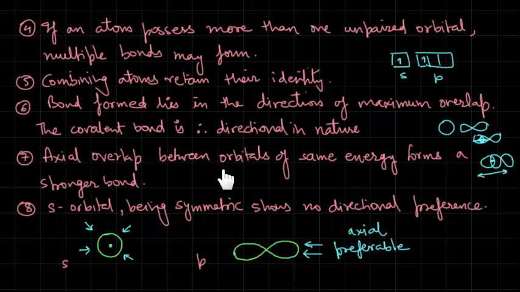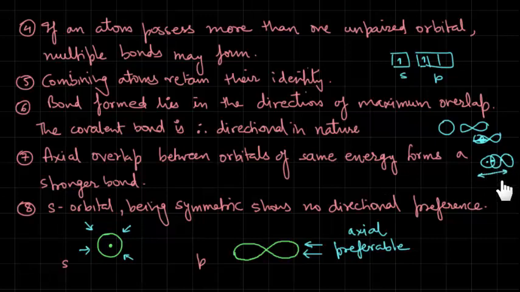Axial overlap between orbitals of the same energy forms a stronger bond. So let's understand the difference between axial overlap and perpendicular overlap. This overlap is axial because when you join the nuclei of both atoms, the bond is also along that axis.